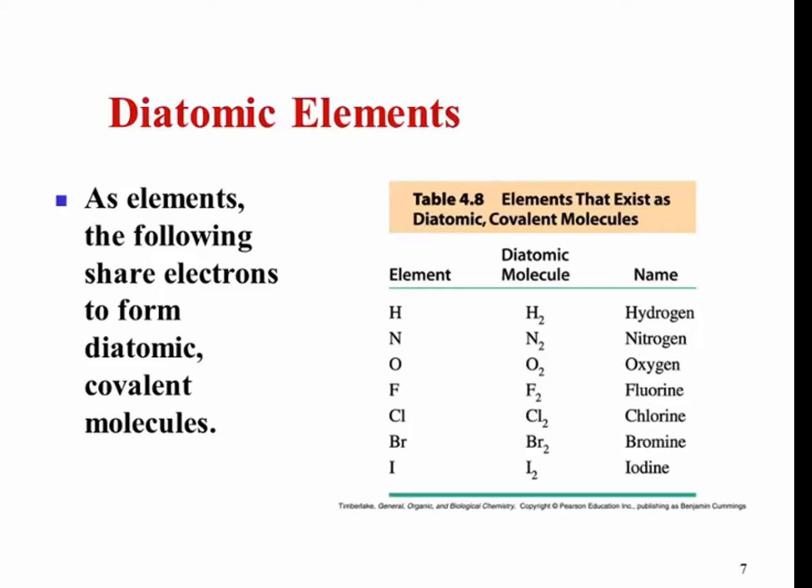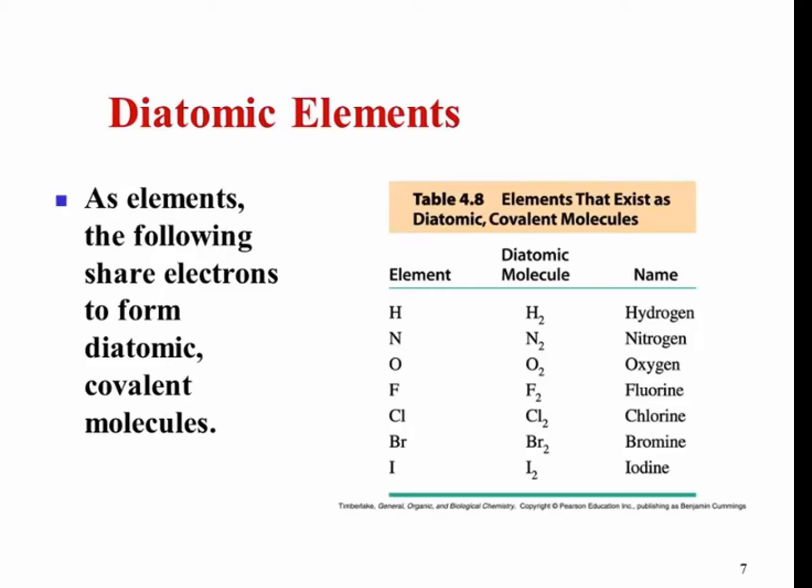In the same way Br and I have 7 electrons in the outer shell, and they are always found in diatomic form. Guys, many students write, when we say react something with oxygen, they write oxygen as O. Oxygen as a single atom is not stable, it's stable in O2 form. Nitrogen is not stable, it's stable in N2 form.